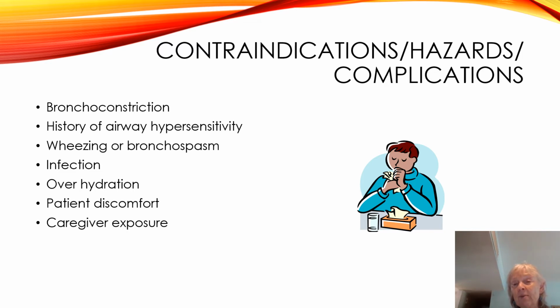We need to give them some warmth. We need to watch for side effects. And the side effects would be the stridor, the wheezing, and the increased airway resistance and the increased work of breathing. So we need to make sure we're doing a good patient assessment on these patients. If we're not, then unfortunately we may miss the problems when they start.